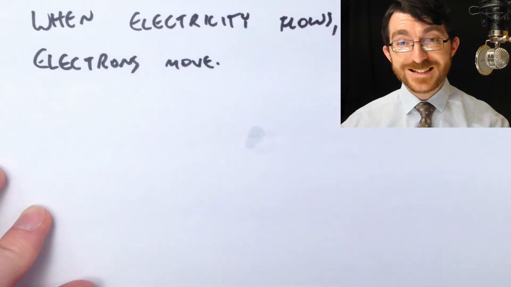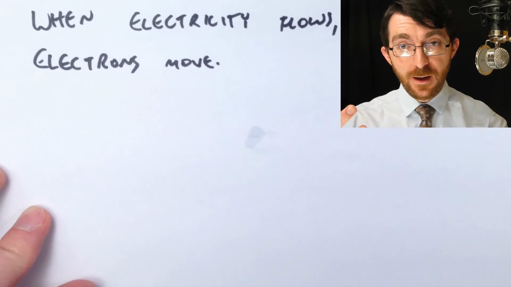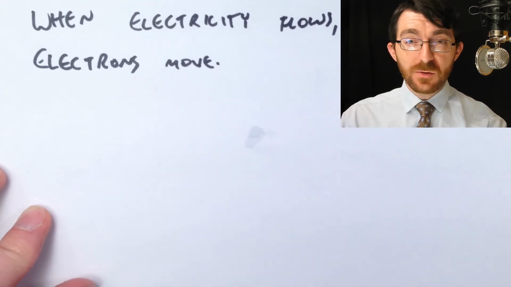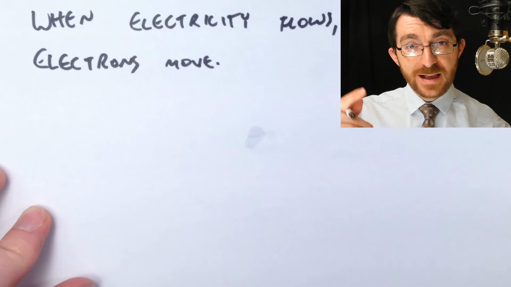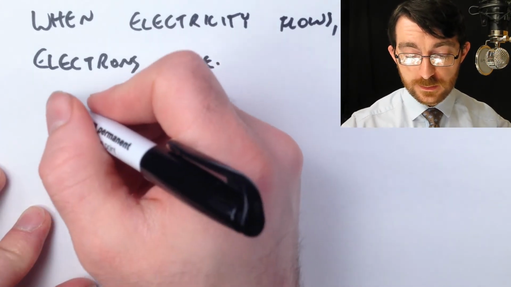However, it's not like electrons have to move through the entirety of the wire because they don't move that fast. They're just passing from one atom to the next. Instead, it works like this.